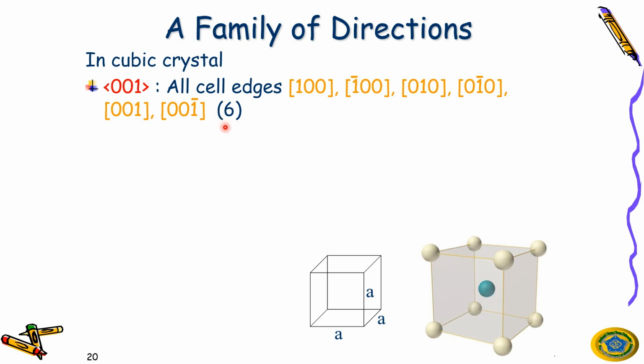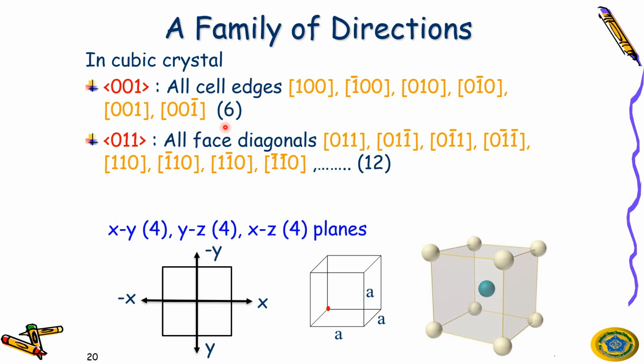No problem, right? How about this one? How about this one? How many members in the family? Angle bracket 0 1 1. Sorry, angle bracket. How many? So this is called all the face diagonals.